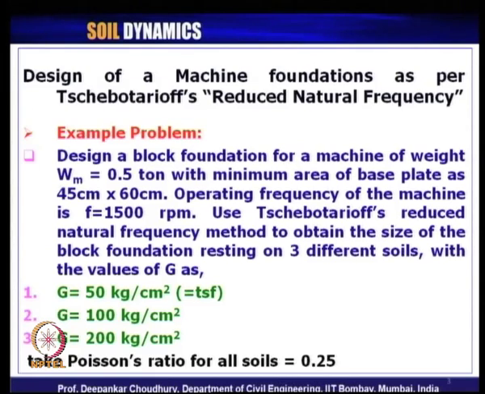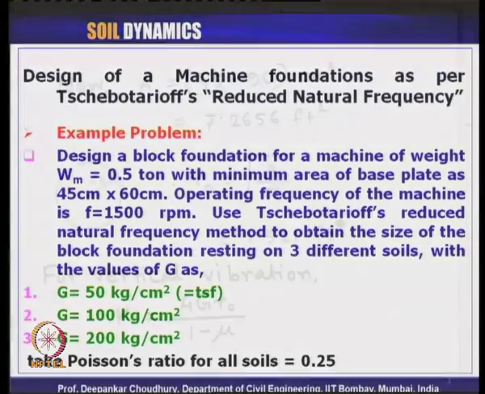The problem statement was given to us with the size of the base plate, the weight of the machine, and the operating frequency of the machine, and it was asked, for 3 different types of soil, how we can design the machine foundation.